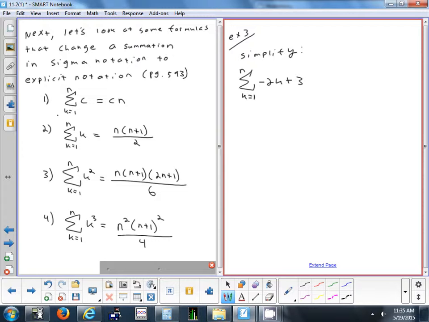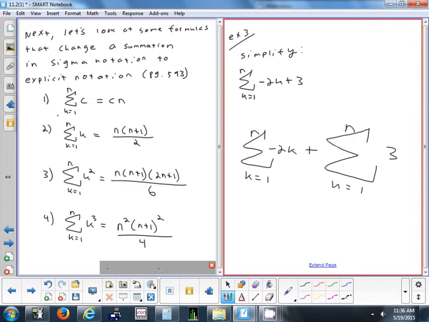Let's just split off the negative 2k and the plus 3 first. So we're going to split it into two summations. The first one is going to be the sum from k equals 1 to n of negative 2k plus the sum from k equals 1 to n of 3.